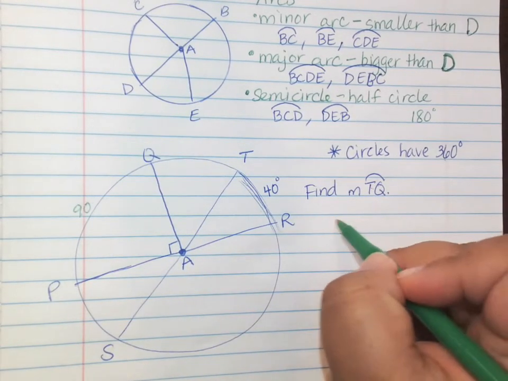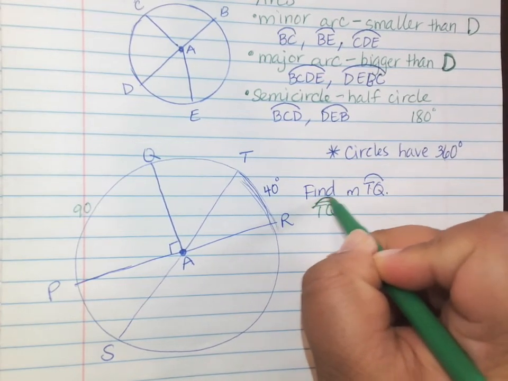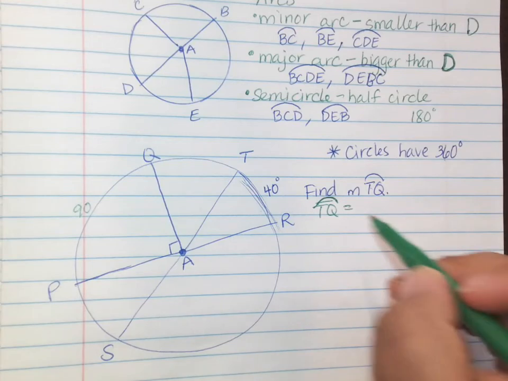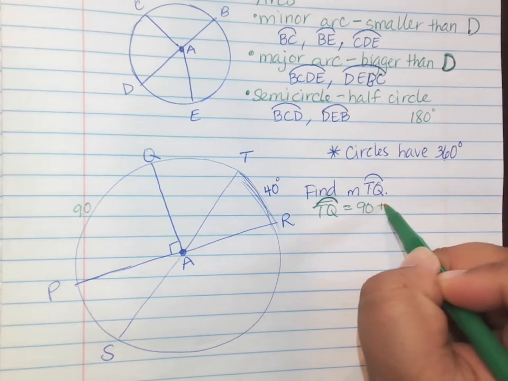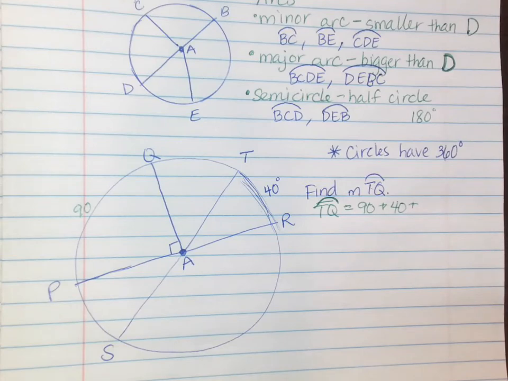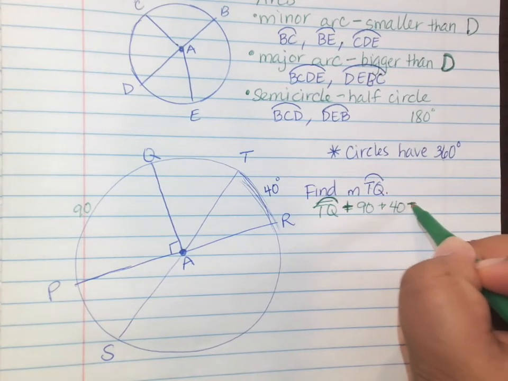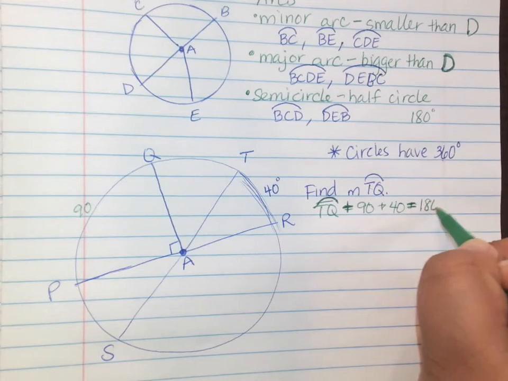So we can make an equation. So we can say TQ, the arc, plus 90 plus 40 is supposed to be equal to 180.